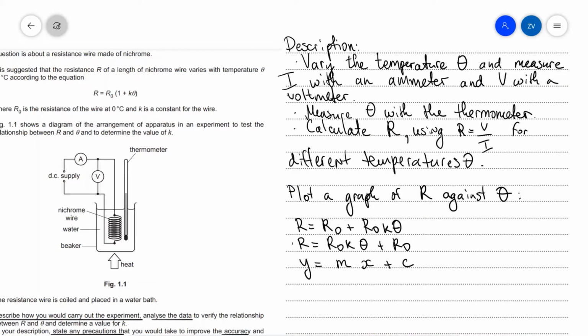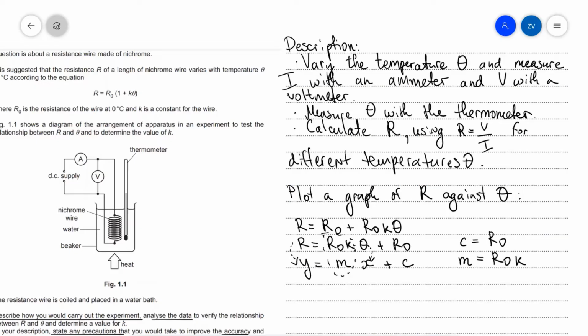Now we can see that R is on the y-axis and theta, the temperature, is on the x-axis. So our gradient m is going to equal R naught times K, and our intercept c will be equal to R naught.